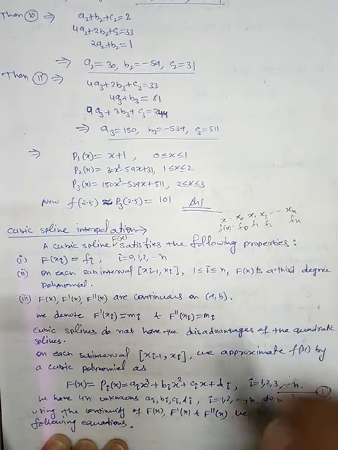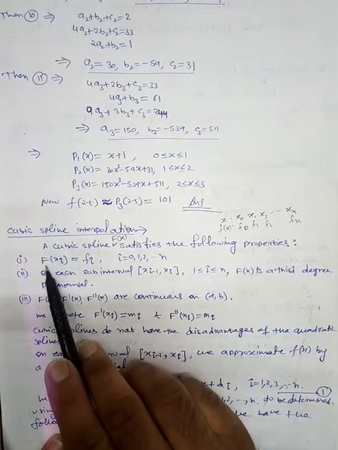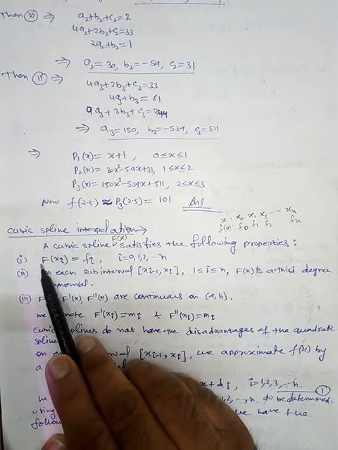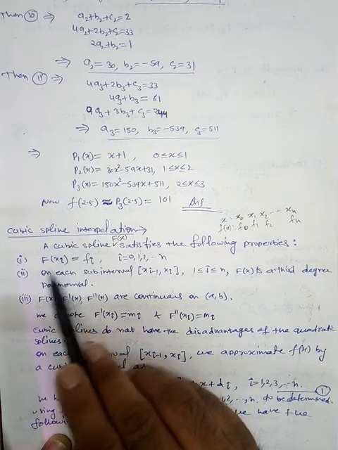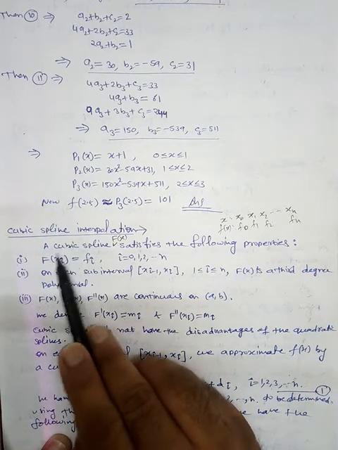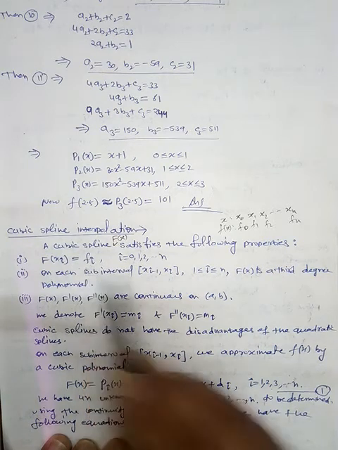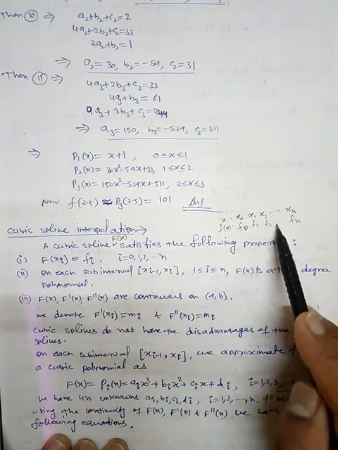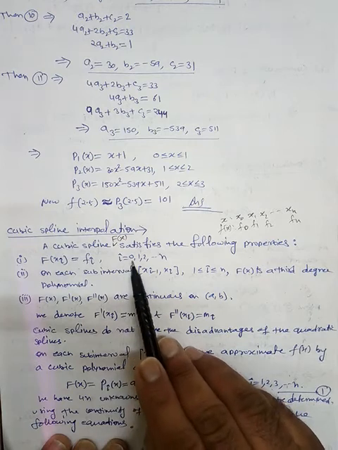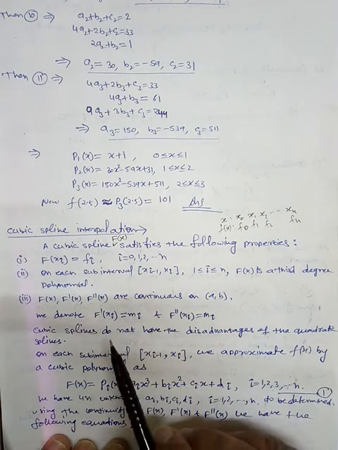So we have these data points. So the value of the cubic spline at node point xi is equal to fi. Okay, fi is basically the value of the function f at any xi. Here i varies from 0 to n.